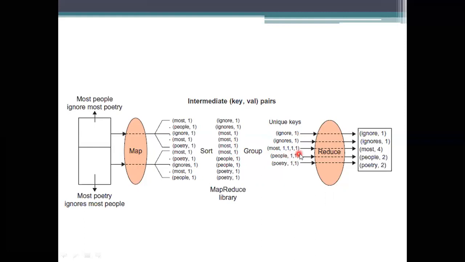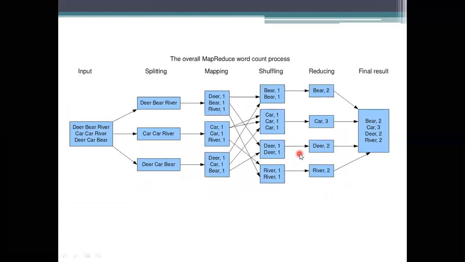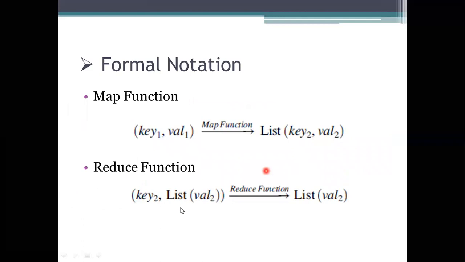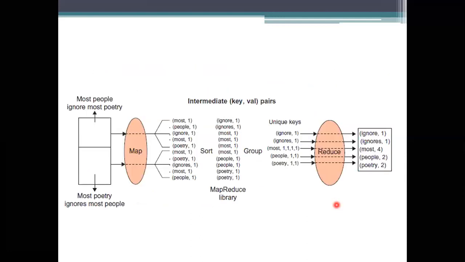When coming to the reduce function, the reduce function here takes the key value and the list of the values, and by reducing we will get only the list of the values. So the reduce function is representing the 4 as the final result.